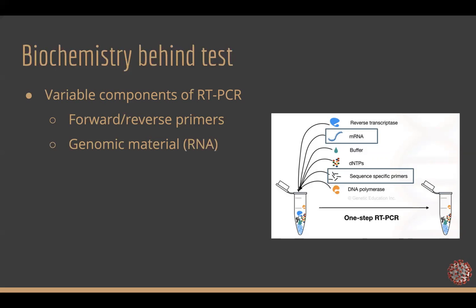These three genes are all highly conserved among different coronaviruses. Therefore, they have been studied pretty well, which makes it fairly easier to detect SARS-CoV-2.